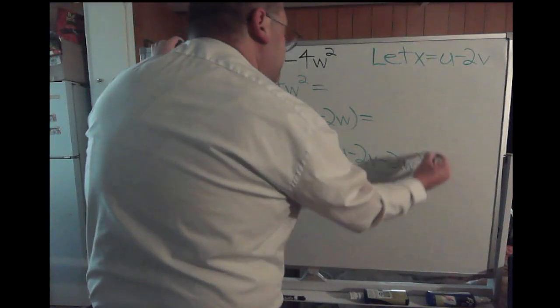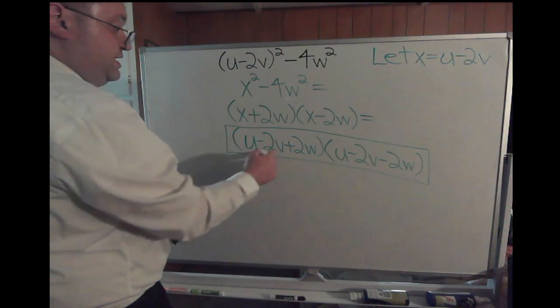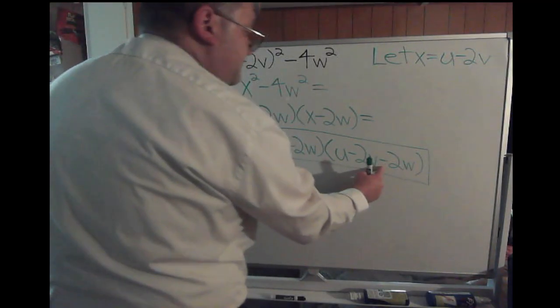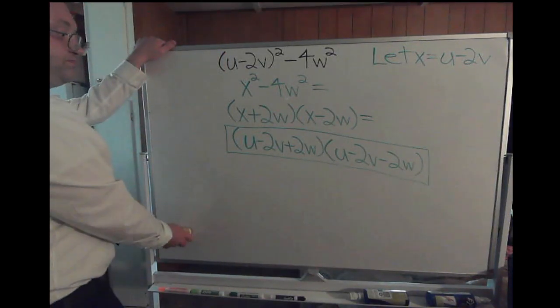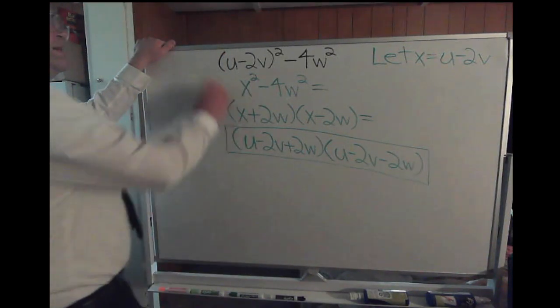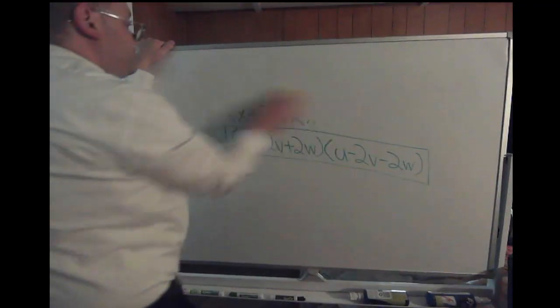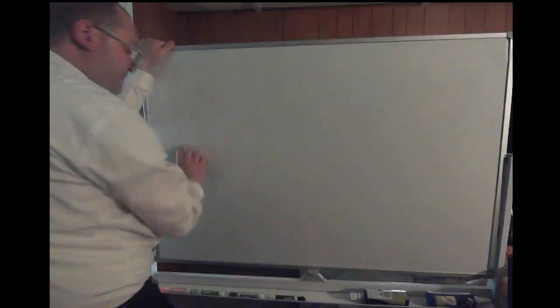So your factorization of this should be u minus 2v plus 2w, that quantity, times u minus 2v minus 2w. So, yeah, using the u substitution method, or just the substitution method if you want to call it that, it's going to make your life so much easier.